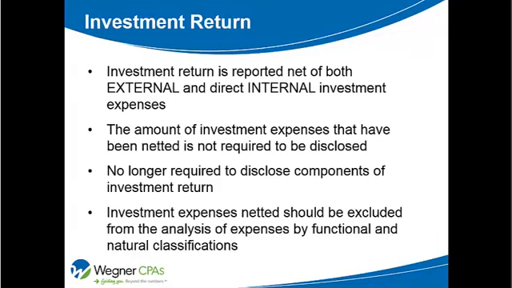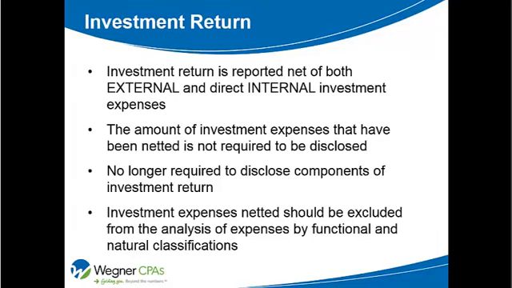And the last one here is if you did net any investment expenses, you should also exclude that from your expenses by function and nature. So in your statement of functional expenses, you would exclude these investment expenses. And again, the reason this makes sense is that total expenses on my statement of functional expenses should tie to total expenses on the statement of activities.